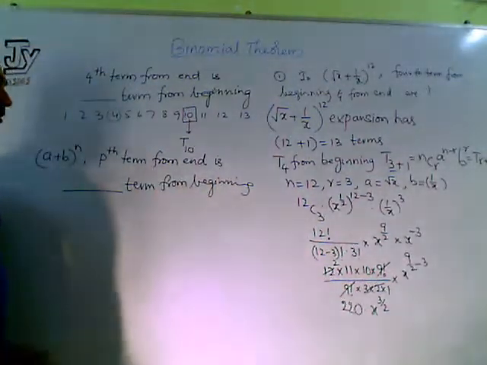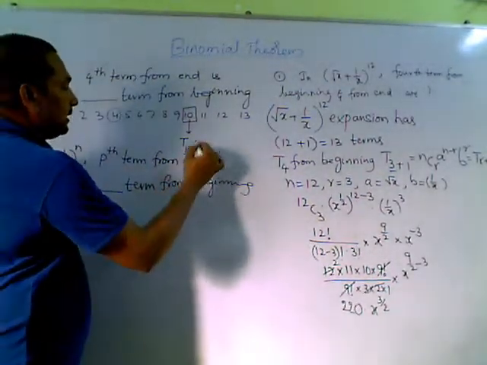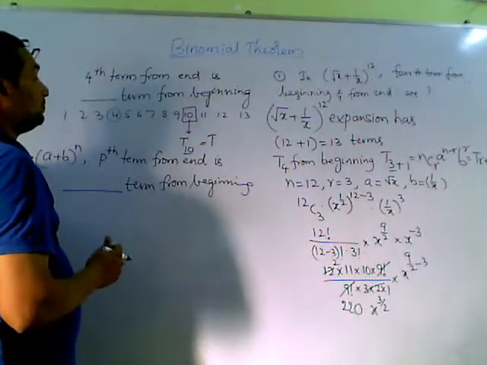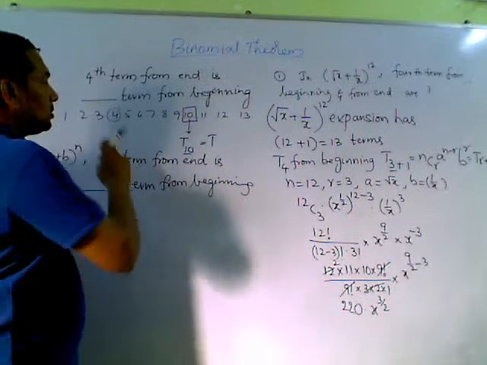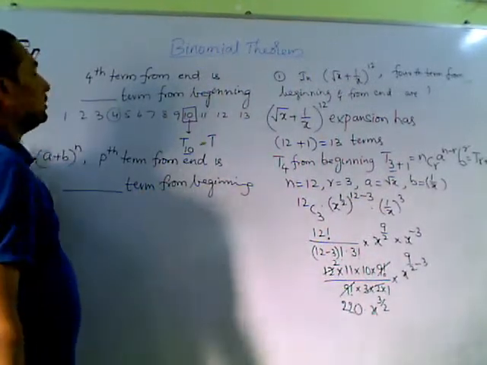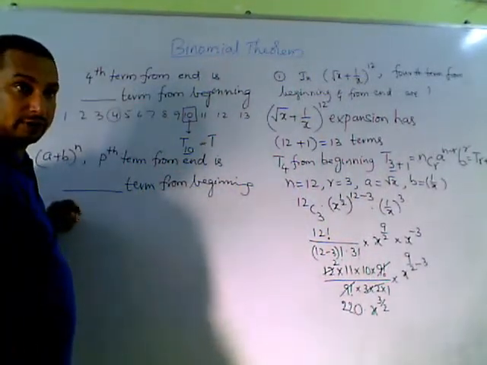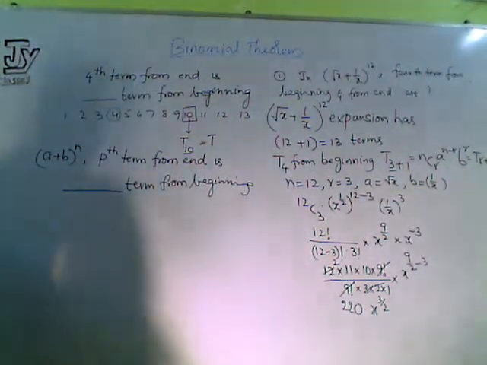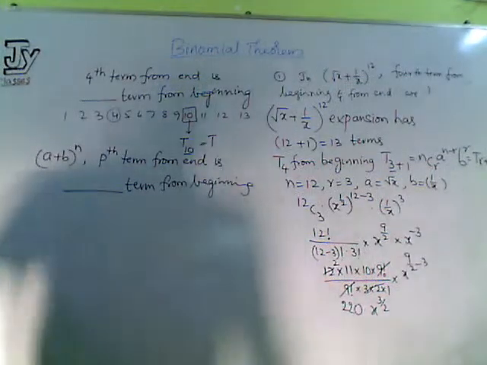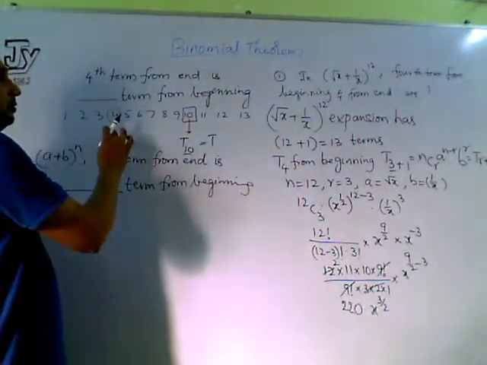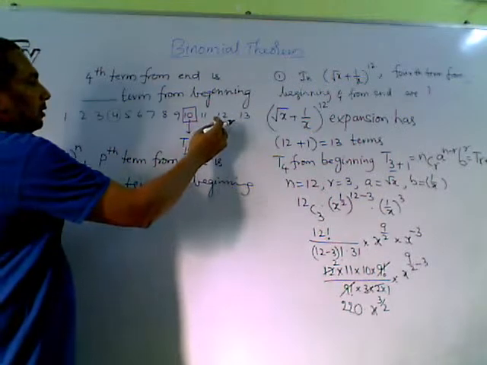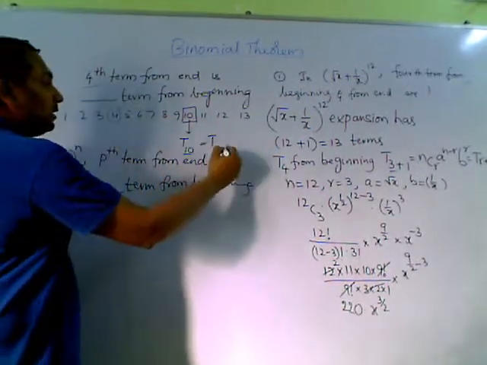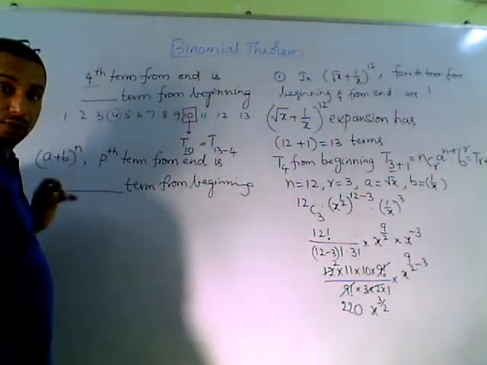Generalized formula, so very simple. So it is 10. So total number of terms 13. Total number of terms 13, minus fourth term from beginning, minus 4.